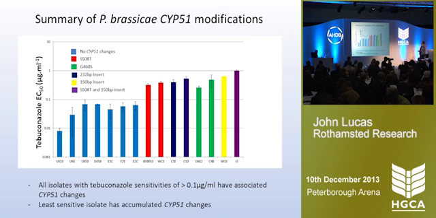It's not as complex as the situation with Septoria, but obviously it's a moving target, and over time we would expect more combinations of changes to come into the population. So I think this does account for some of the things we've been seeing recently, some field reports of reduced efficacy of azoles in controlling light leaf spot. And it's obviously a situation that we need to keep an eye on into the future.